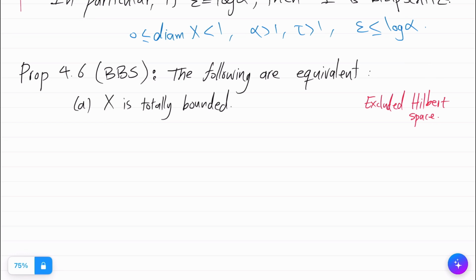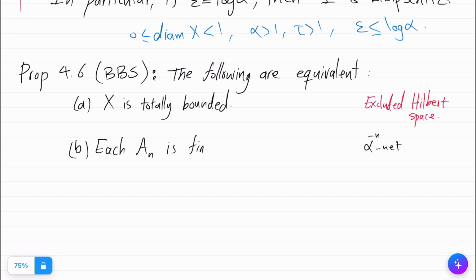But if your space is not as huge, if you are a subset of Euclidean space or something, it turns out that this is equivalent to saying that each A_n, this collection of alpha to the minus n nets, is finite.